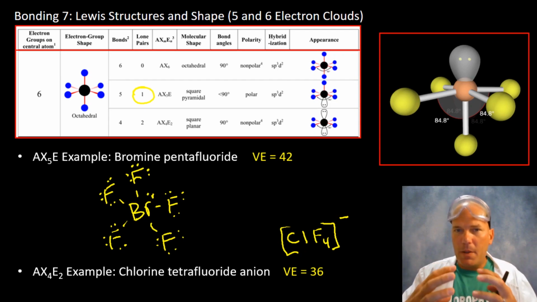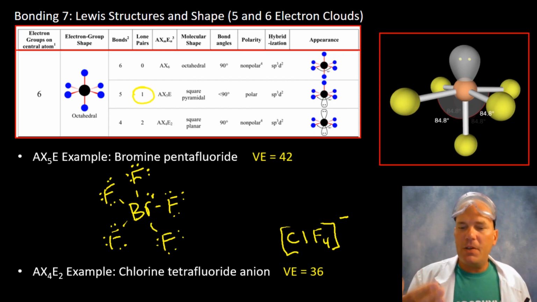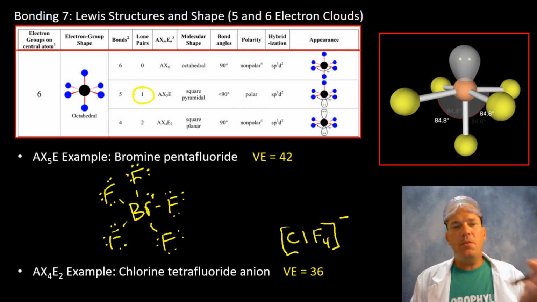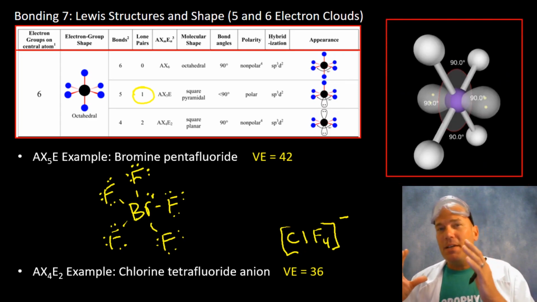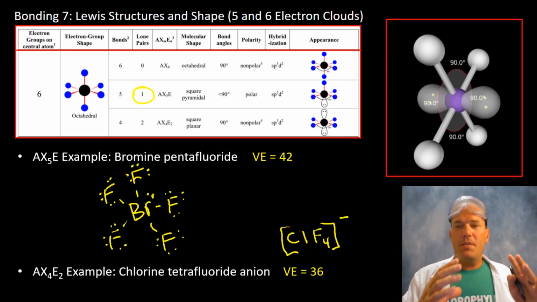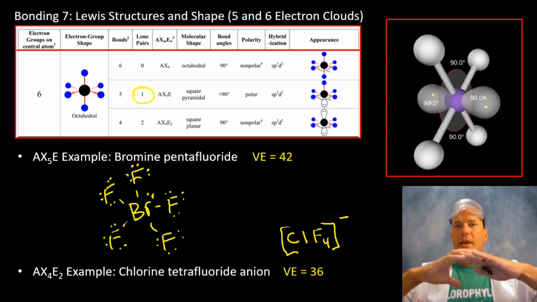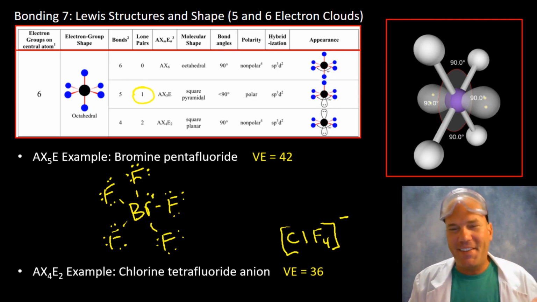Remember, this group has taken 1 additional electron, so you need 36 valence electrons, which will give you 90-degree angles again. But because now you're going to end up with 2 lone pairs on that central atom, you're going to end up with a new molecular shape called a square planar.